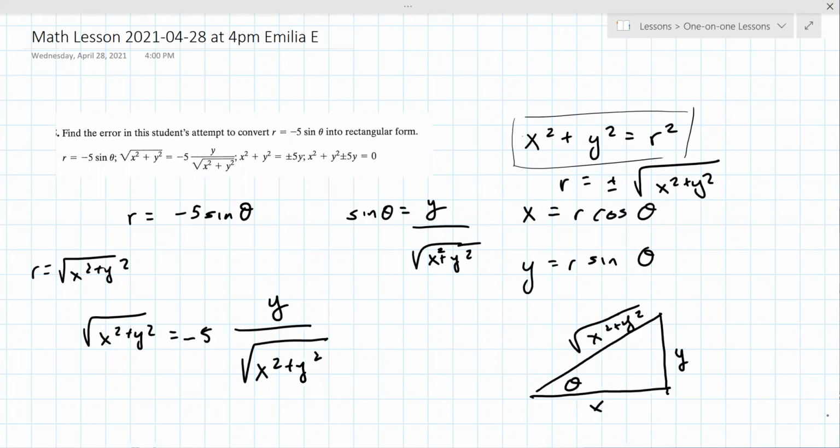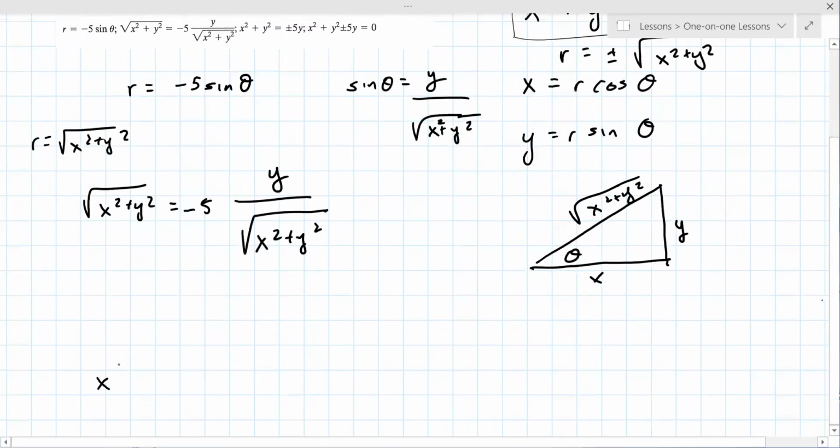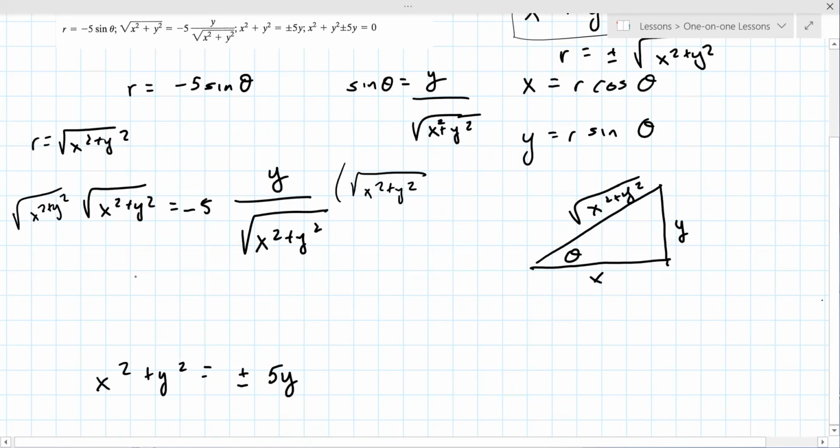It looks like the next line, these find-the-error problems are always really challenging, they just multiply both sides by the square root of x squared plus y squared to get it out of the denominator. On the left side, it goes away.